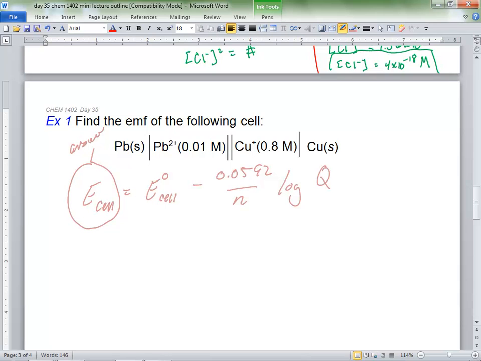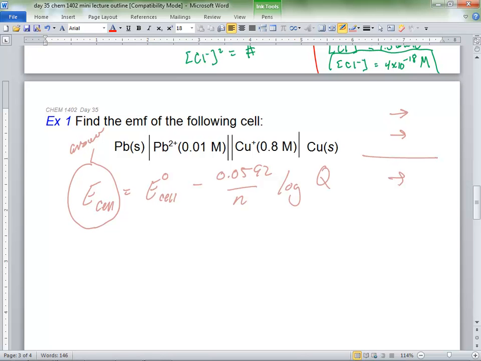See what I'm saying? My brain can't skip all that. I'm stuck doing it this way. If you can jump ahead, you can look at that cell notation and identify what the reactants are and what the products are.